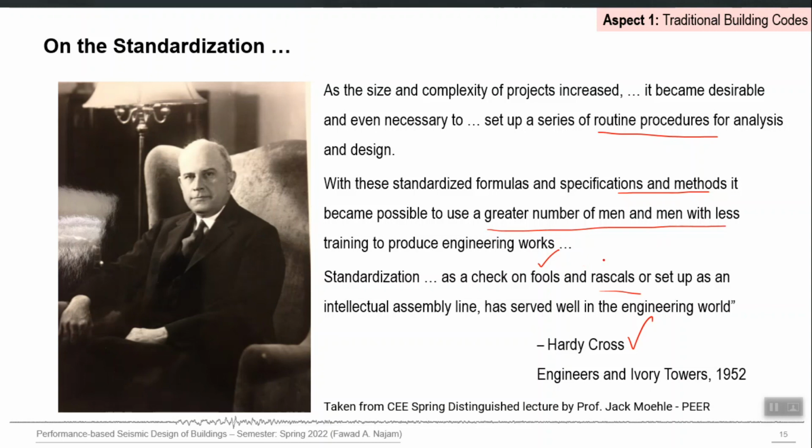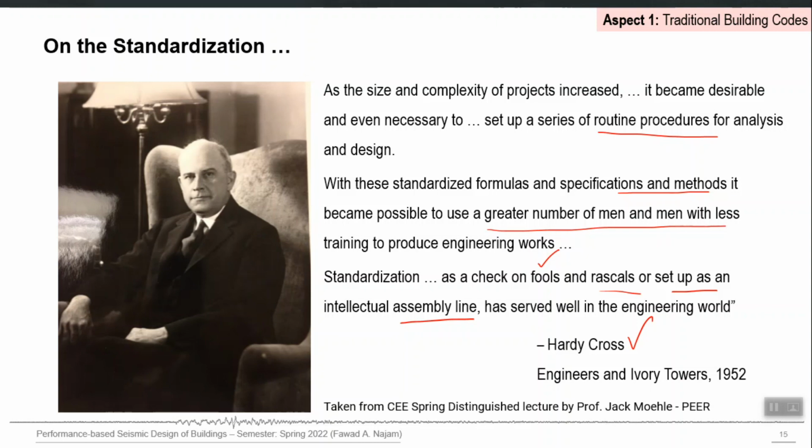This standardization is set up as an intellectual assembly line, just like a product is made in a particular assembly line. Similarly, a certain design procedure can also be standardized in that manner. So, anyone without having much knowledge about that can follow that assembly line and can produce safer designs.